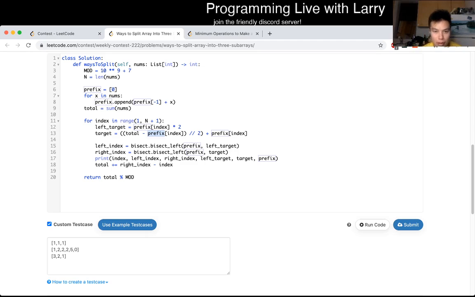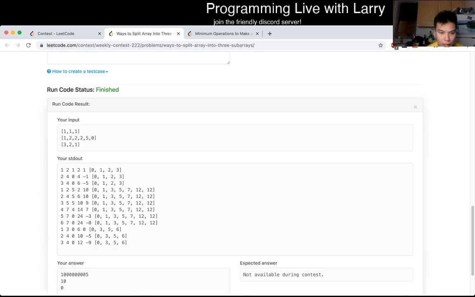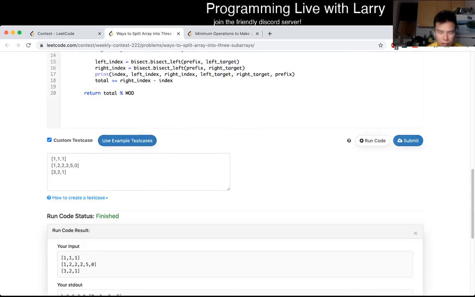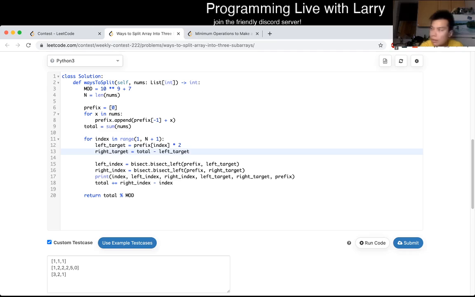Oh, minus 1. No, this should be 3. Why is target 3? Left target is 2.